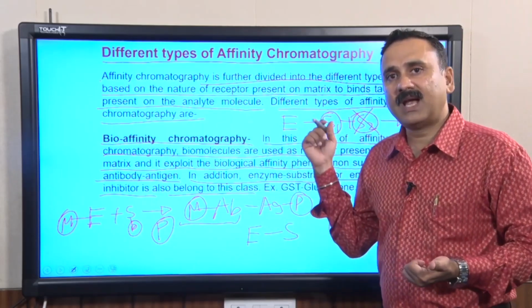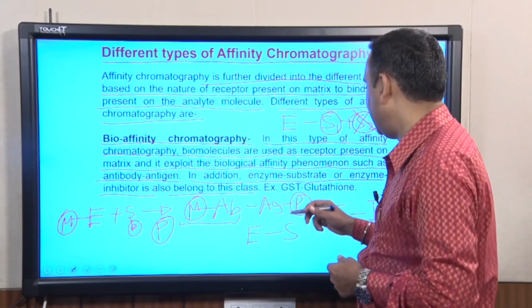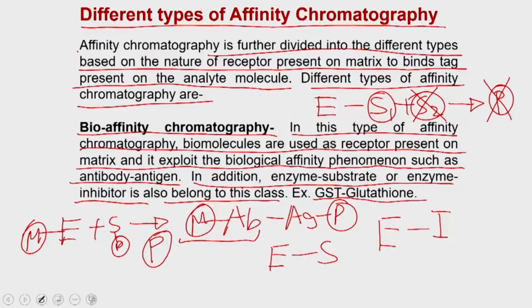In the case of enzyme-substrate bioaffinity chromatography, the classical example is GST-glutathione. GST is an enzyme called glutathione S-transferase, and glutathione is the ligand which is going to bind, but GST requires additional substrates.